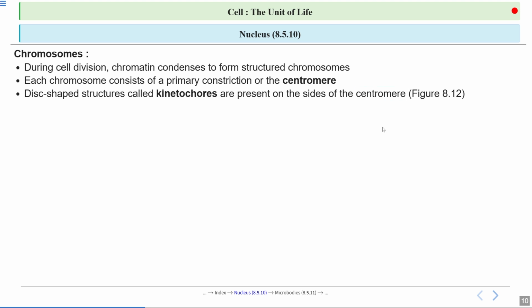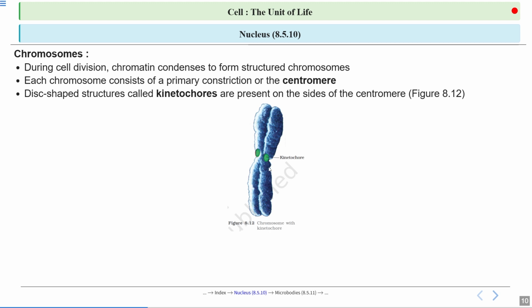And then separation of the chromosome occurs. Here you can see this is the entire chromosome. These are the chromatids, the sister chromatids, not daughter chromatids. This region is the centromere. Within the centromere, kinetochores are present, and here the spindle fibers will attach.